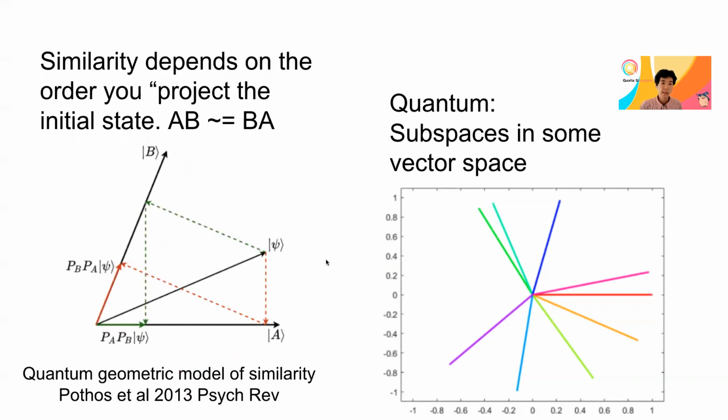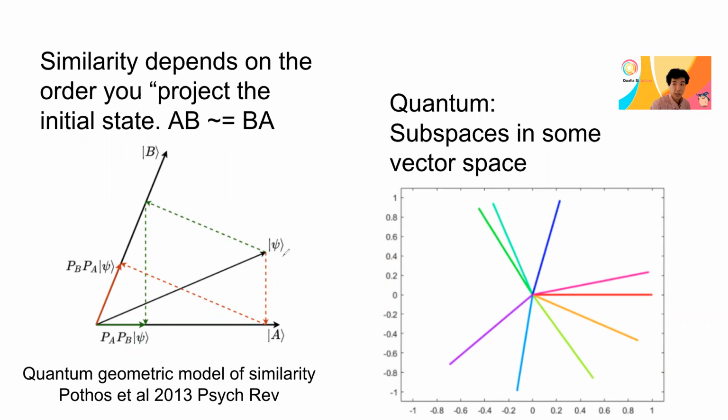Okay. And in the case of the quantum structure, what has been proposed is that the similarity depends on the way you project the initial state. So measurement of A and then B is not the same as B then A. And the way it is projected predicts how similar they are to each other. Just to give you a vague but good intuition, this figure serves a good purpose.